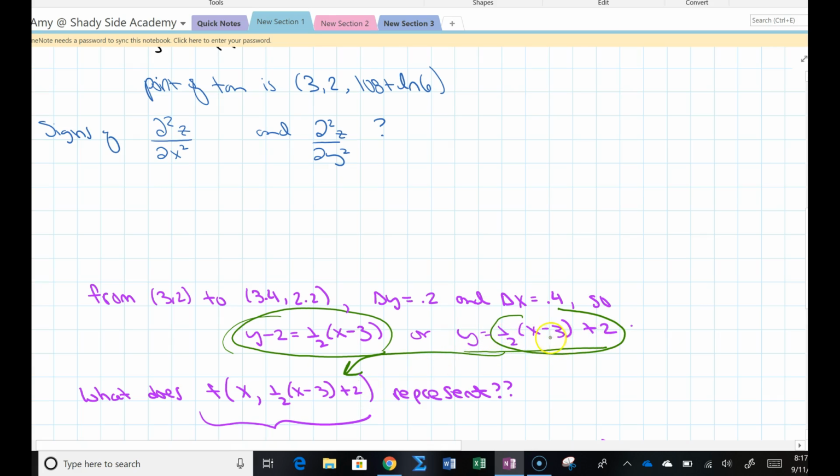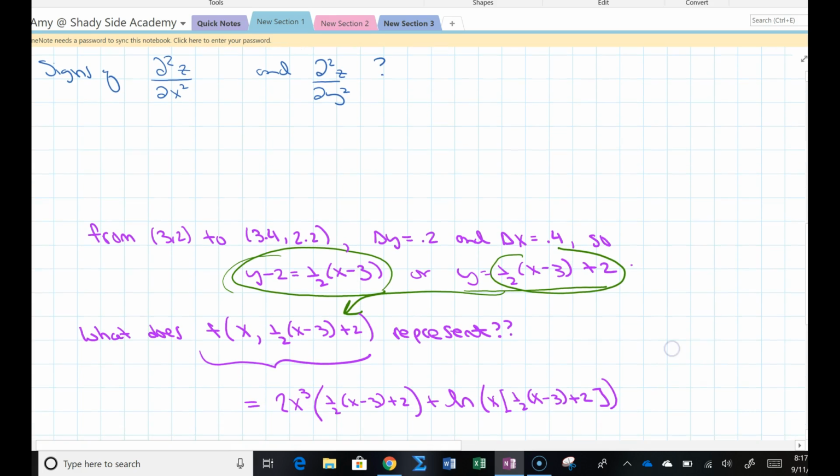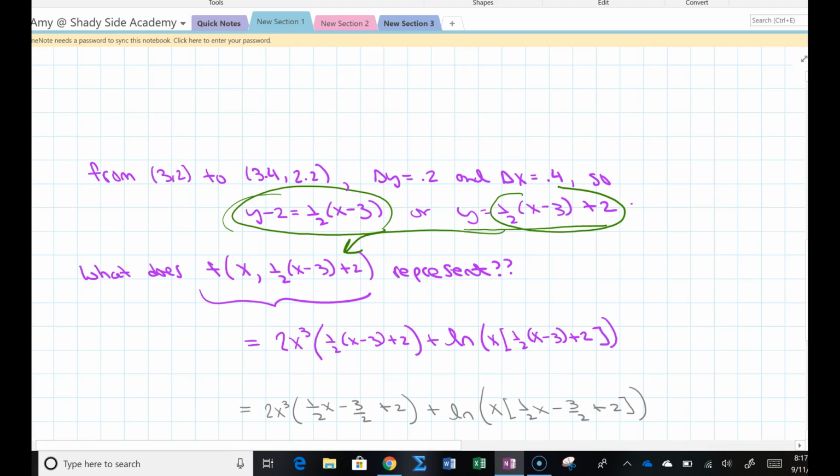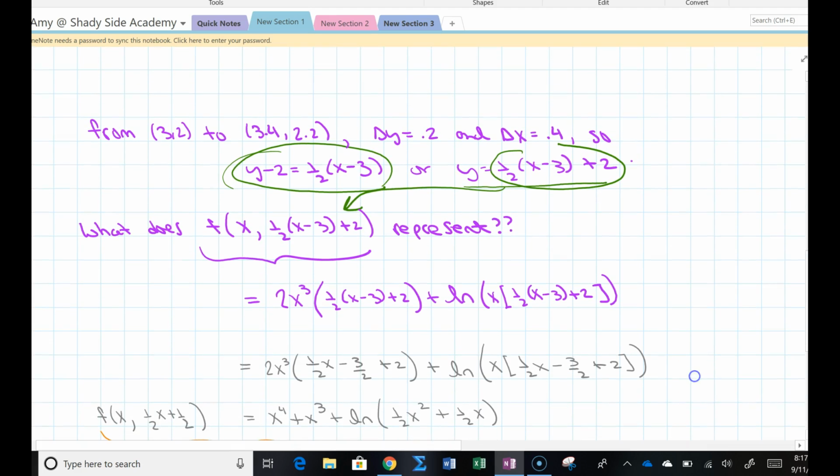Or, to use Koji's analogy, it's the roller coaster track above this line. And all I did here was find what f of x comma 1/2 x minus 3 plus 2 was. I just inputted x comma y into the surface z. And here's my finally cleaned version.